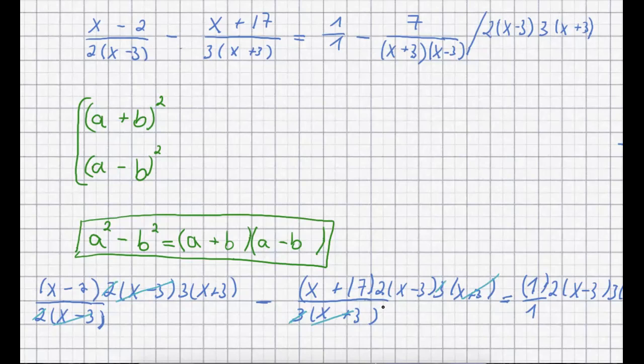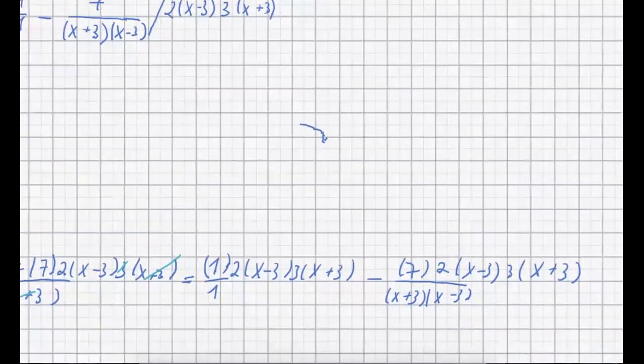If we continue here, you can eliminate the 1, but it doesn't matter. And here you can cancel the x minus 3 and the x plus 3. Does it make sense?